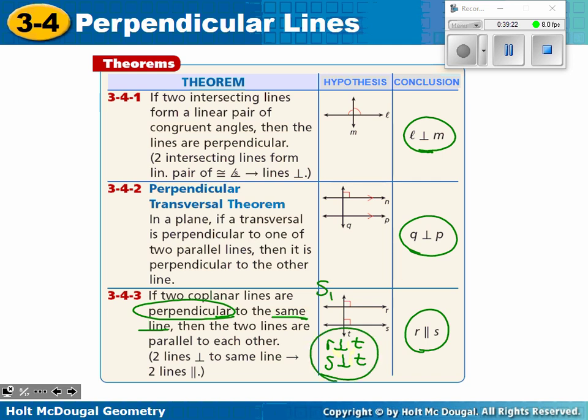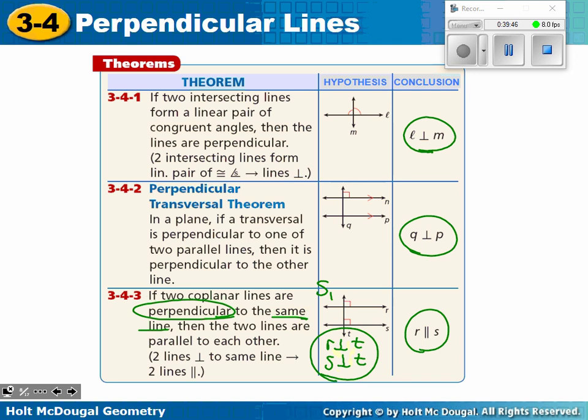R is perpendicular to T, S is perpendicular to T. If 2 lines are perpendicular to the same line, then those 2 lines are parallel. And it doesn't have a name. So it's another one of those where you just have to write it out. But the good thing is you can put it in your own words, okay?